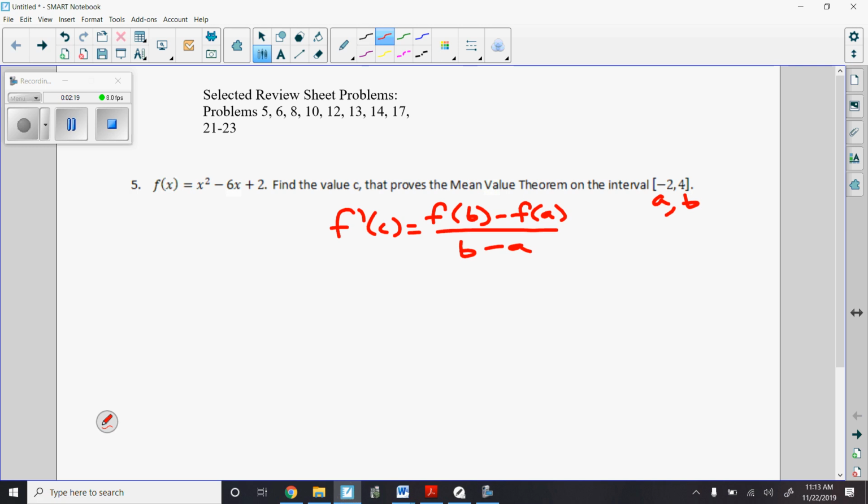Now I just have to do this by hand, and it can be a little bit tricky. So f of b here is going to be f of 4. I'm going to calculate f of 4 because I don't have a calculator here. So here's what we have, f of 4.